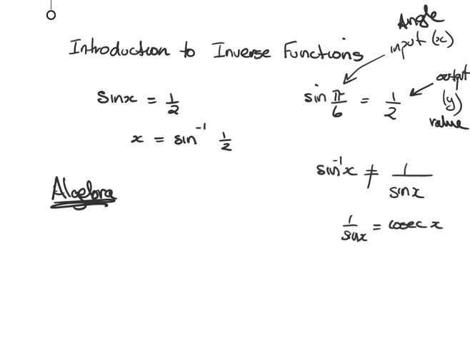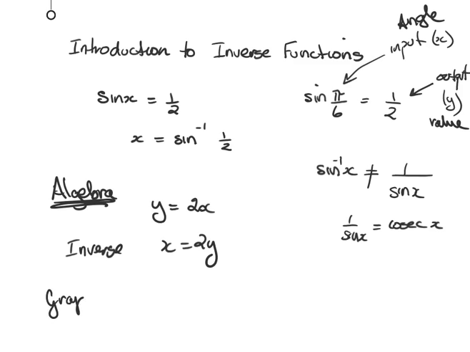So if we know that y is equal to 2x, for example, its inverse becomes x is equal to 2y. So that is the inverse function in terms of its algebraic form.